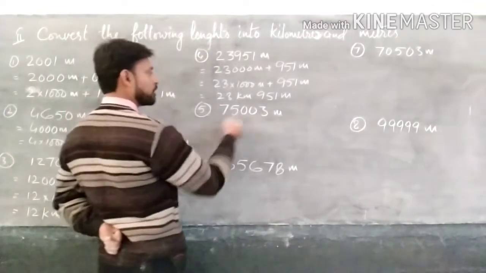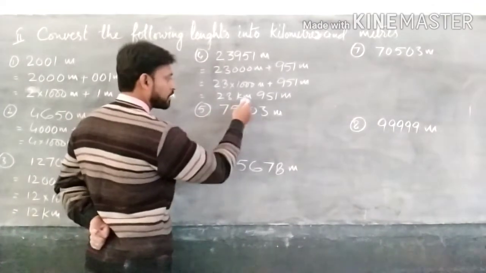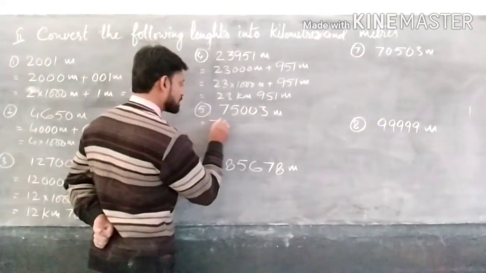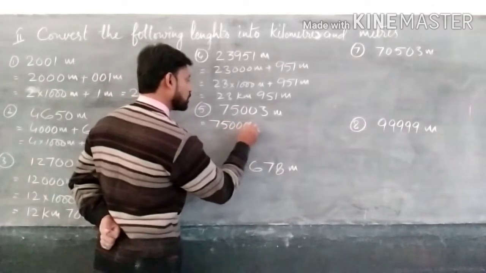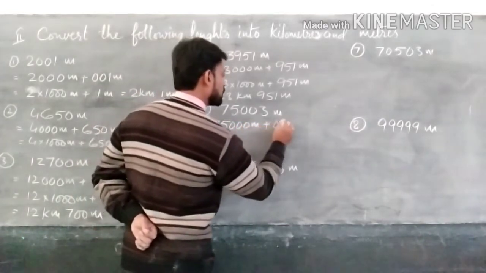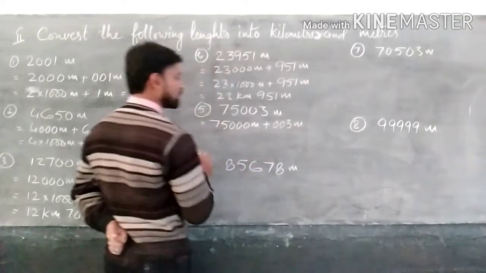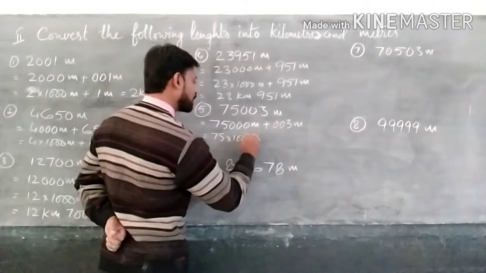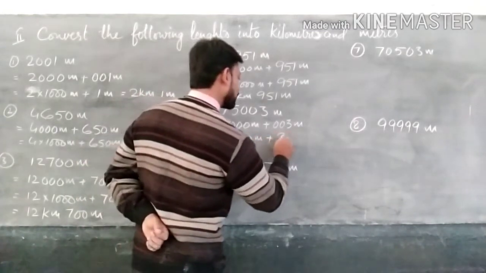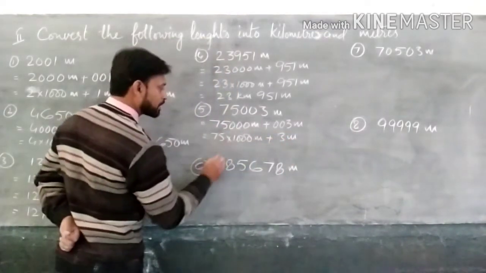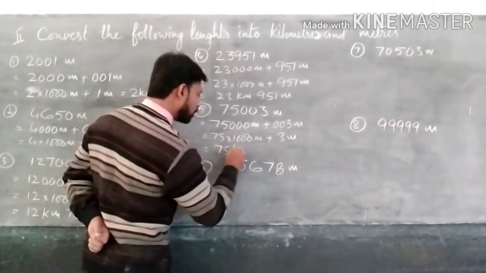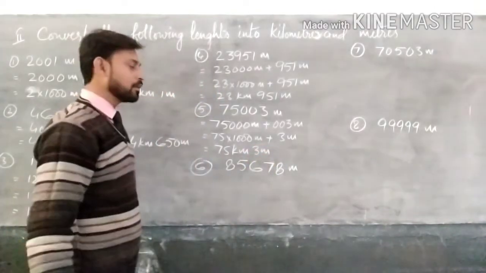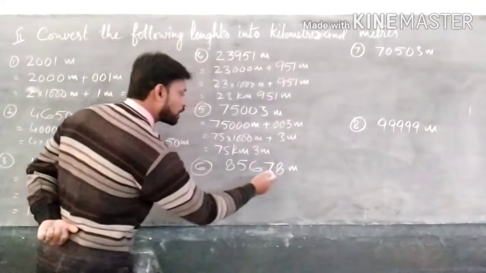Is that clear? Now here, next question. Again we have to divide after 3 places. 1, 2, 3. So this is 75000 meters plus 003 meters. This can be written as 75 into 1000 meters plus 3 meters. 1000 meters can be written as kilometer, so 75 kilometers and this one is 3 meters. Is that clear? Now the next question, 1, 2, 3.